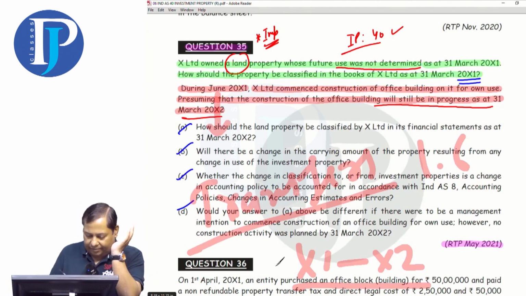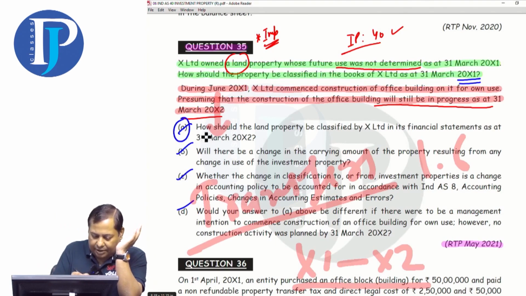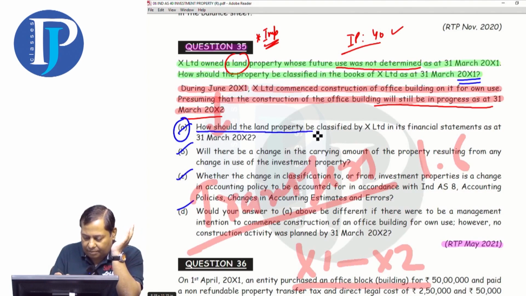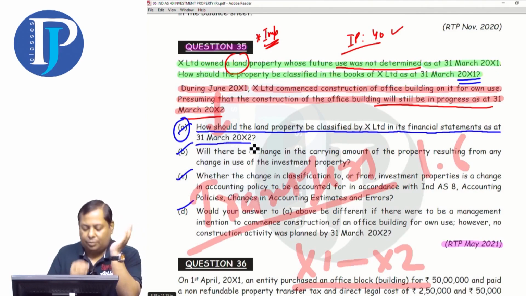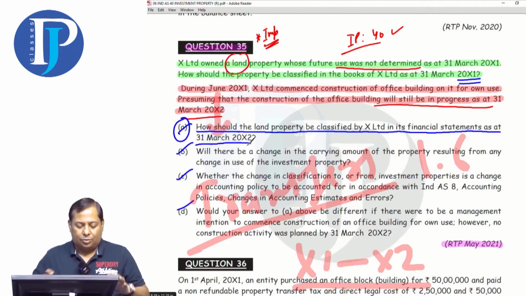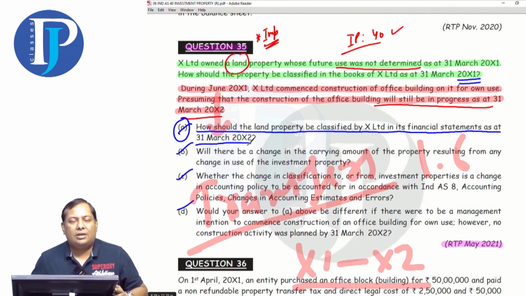Pay attention to this part: how should the land property be classified by X in financial statements as at 31st March X2? So now in March X2 we are going to show this as Ind AS 16. Until June it will remain as investment property. After June it will be Ind AS 16.